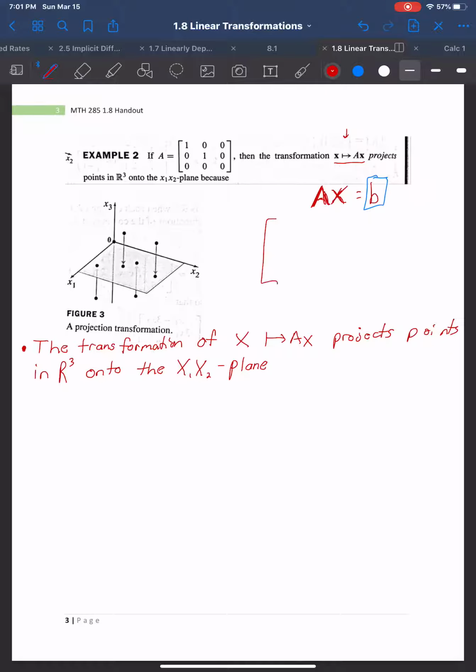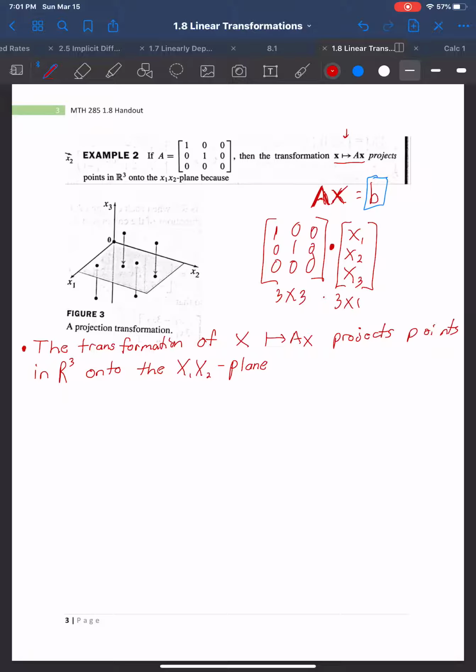A is defined as 1, 0, 0, 0, 1, 0, and so on. This would be a 3 by 3 matrix. Structurally, if you want to do this matrix multiplication, the vector x is going to have 3 rows: x sub 1, x sub 2, x sub 3. That's the only way you're going to be able to make this work.